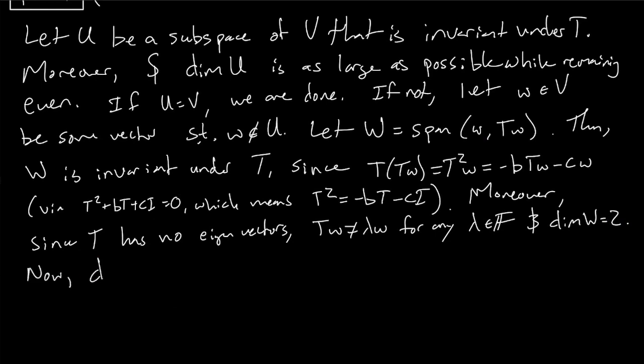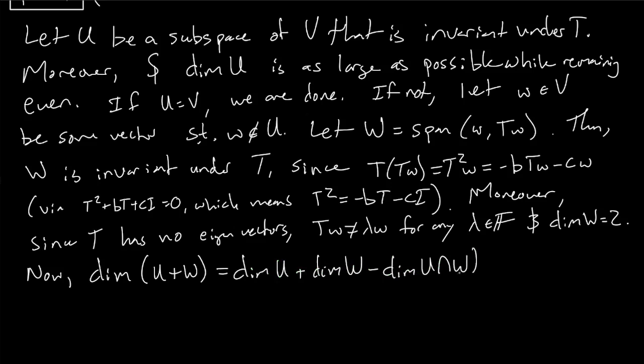Now, the dimension of U plus W, well, that's equal to the dimension of U plus the dimension of W minus the dimension of U intersect W, right? But hey, this is just equal to, wait a second, the dimension of U plus 2, and their intersection is 0 since w's not in there.